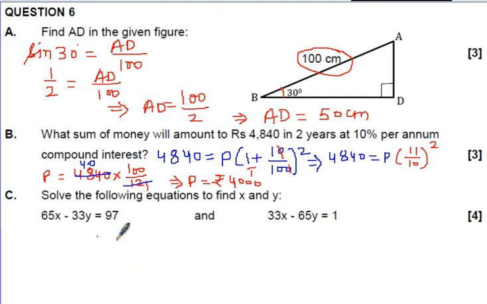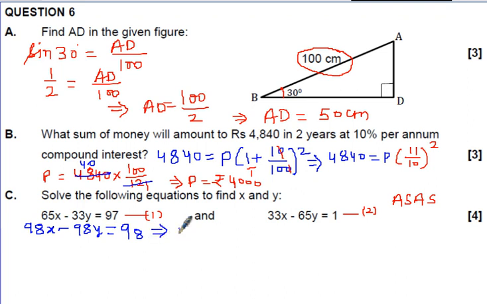Here, these are two equations, equation 1 and equation 2. Here I call it the Asas method: add, subtract, add and substitute. So when you add, you get 98x minus 98y, 65 plus 33 will be 98. Generally you get the same digit. This is equal to 98. This is on addition.